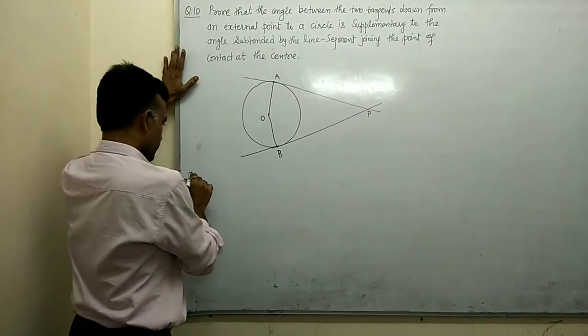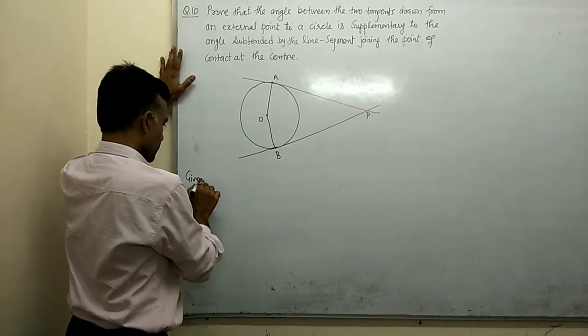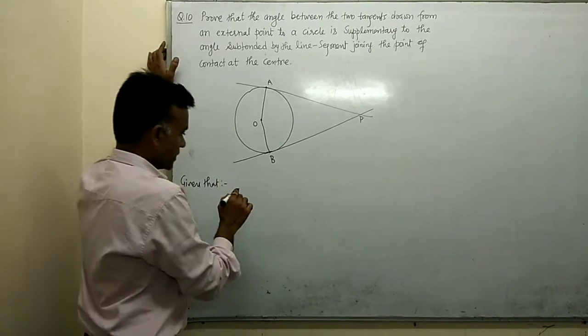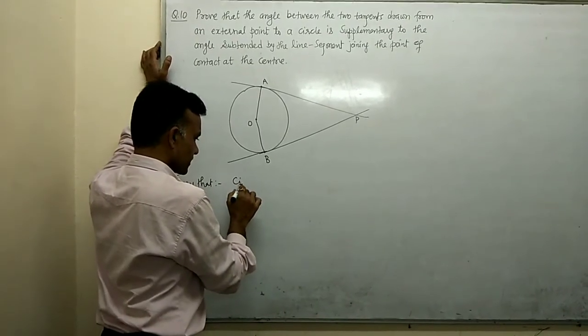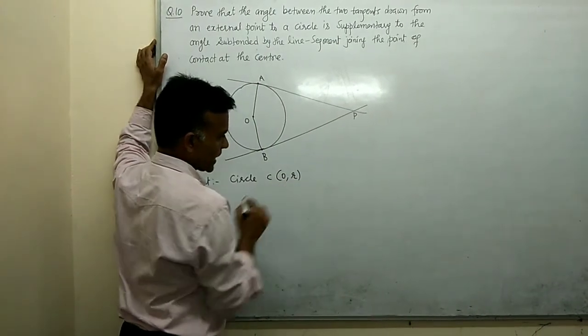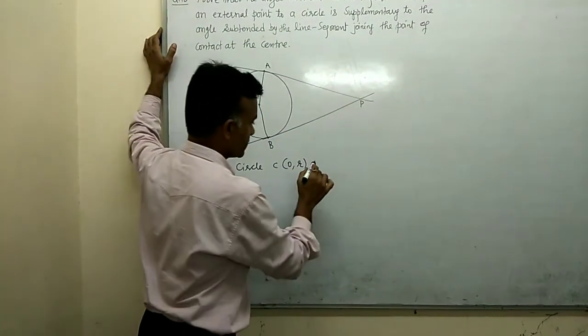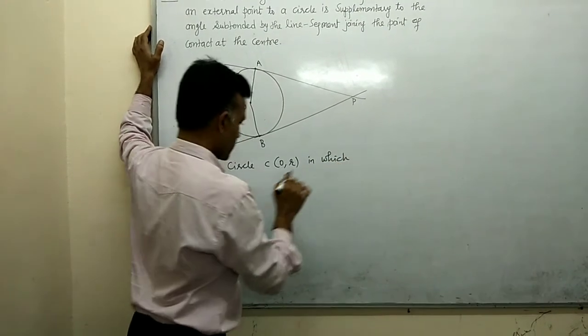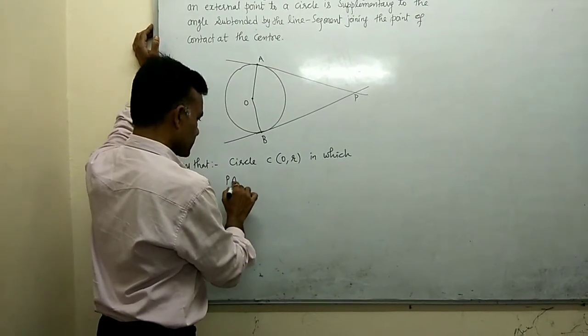So you write down first here: given. What is given? Given that circle C(O, R), center is O and radius is R, in which PA and PB are the tangents.